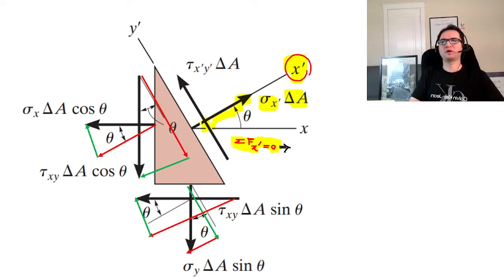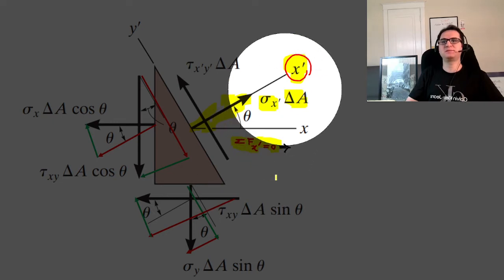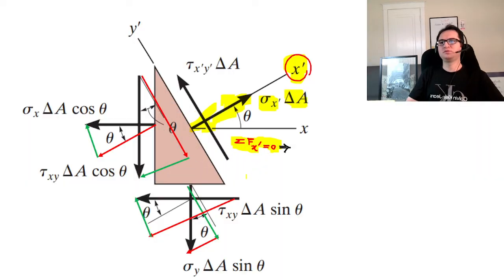We need to go by all the forces which cancel out our force, sigma x prime delta A. So we just consider the bottom side. Here, the area is delta A sine of theta. The forces are, for example, tau xy, which is this one, and we need this component of that force, which is tau xy delta A sine of theta times cosine of this angle.